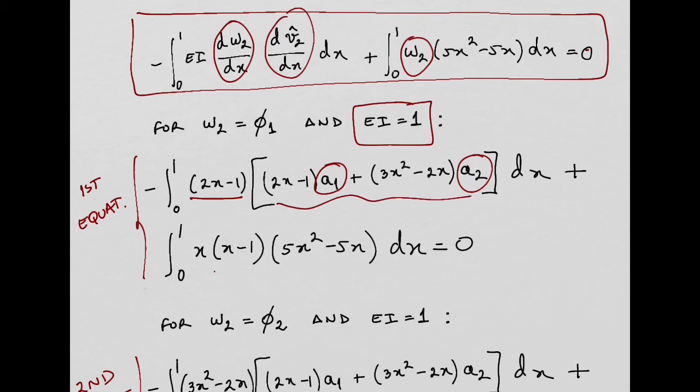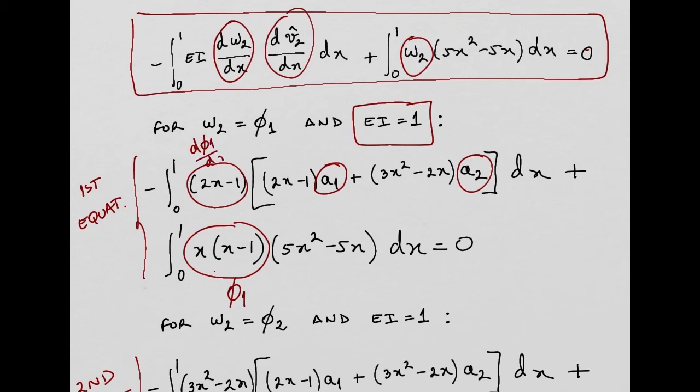This is the derivative of my approximation function, dv2 dx. This is my shape function, phi1. This is the derivative of phi1 in order to x. This is dv2 dx, right?